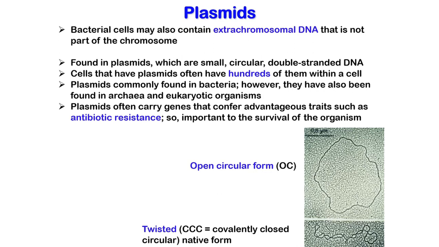You may have heard of plasmids in relation to recombinant DNA technology. This is where scientists have taken advantage of plasmids, and they've used them as tools to clone, transfer, and manipulate genes. Researchers can insert genes into a plasmid vector, as it's called, and this creates what's called a recombinant plasmid.